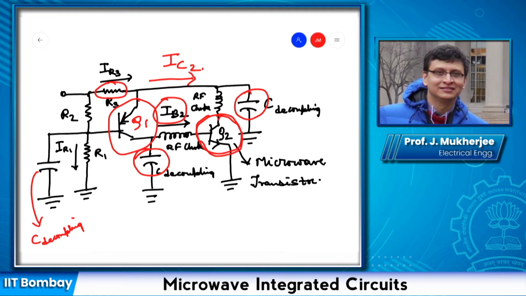I beg your pardon, since the voltage drop across this R3 increases, the voltage at this point will be lesser if IC2 increases. If the voltage at this point is lesser, then what happens is the forward bias across this base emitter junction.